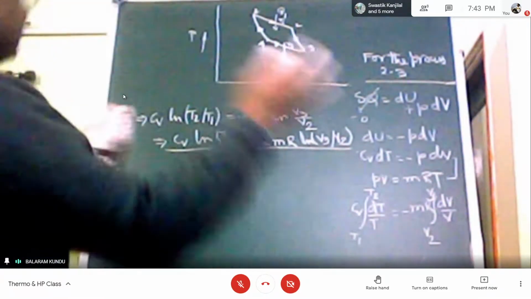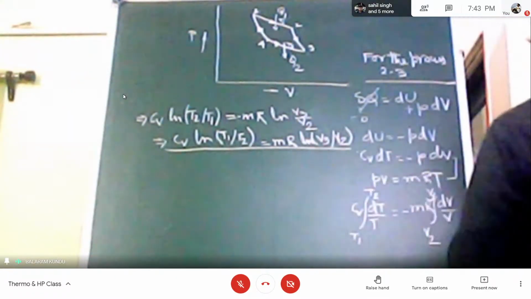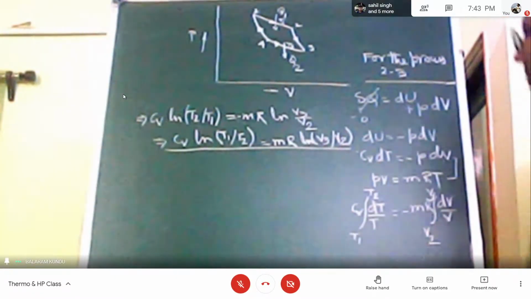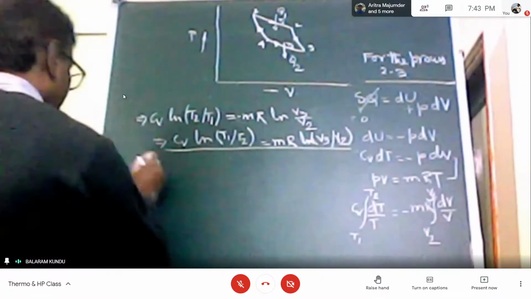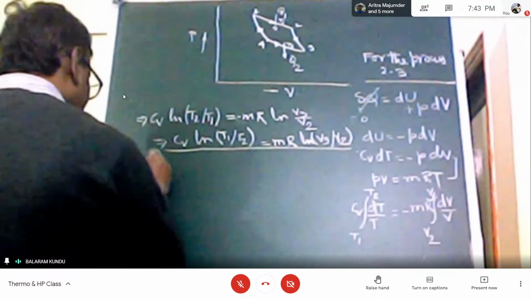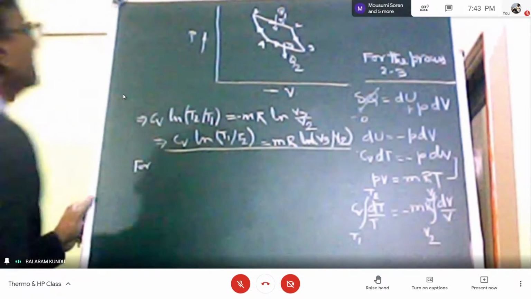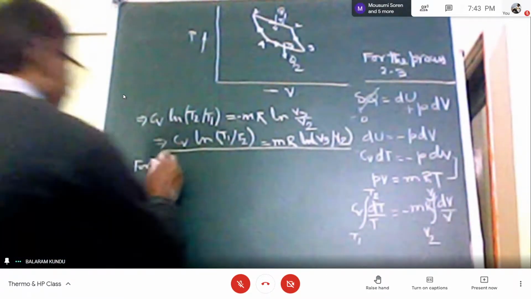Now for the process 4 to 1, this is also an adiabatic process. For process 4 to 1, another relationship is possible to obtain.